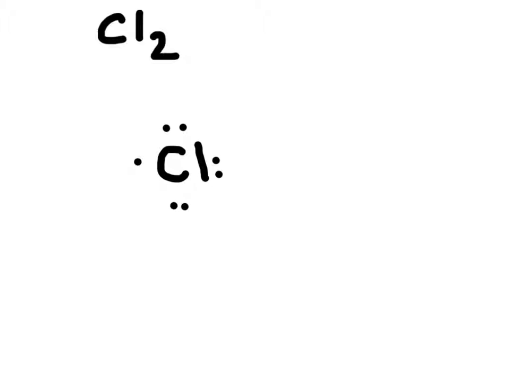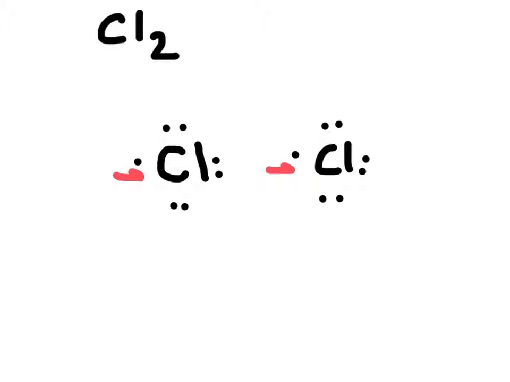So it has 7 valence electrons. So if I were to put another chlorine right next door, like this, it may not immediately occur to you how to fit these two things together so that they can share electrons. But they're going to share here and here because those are the two empty spaces.